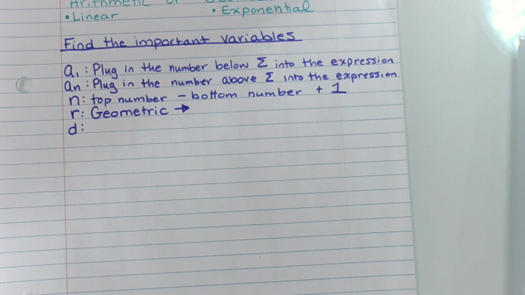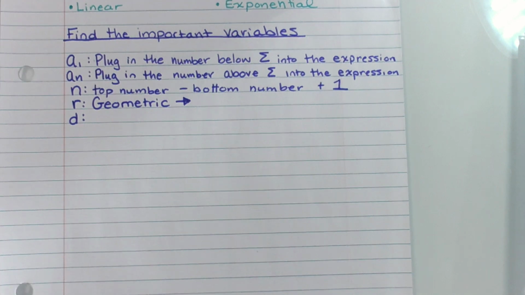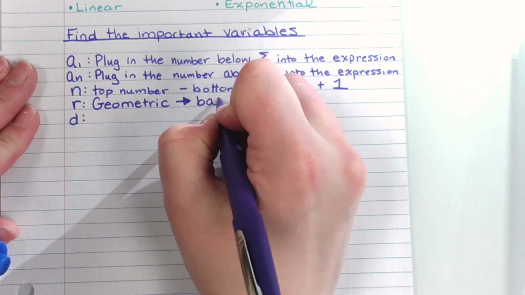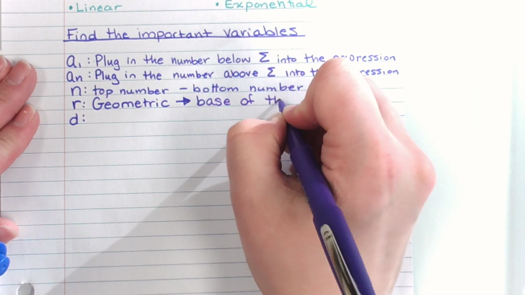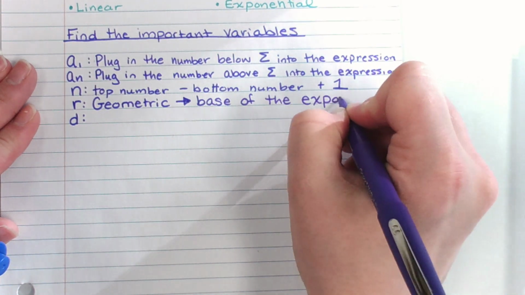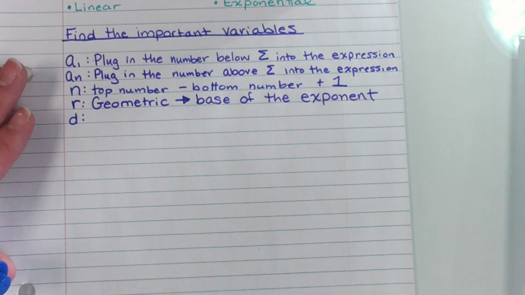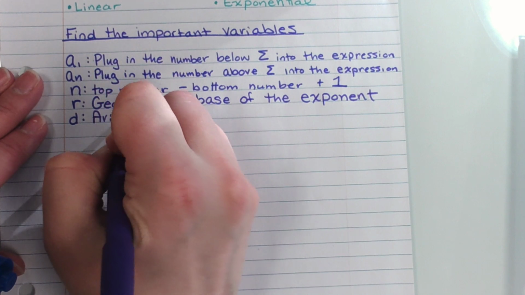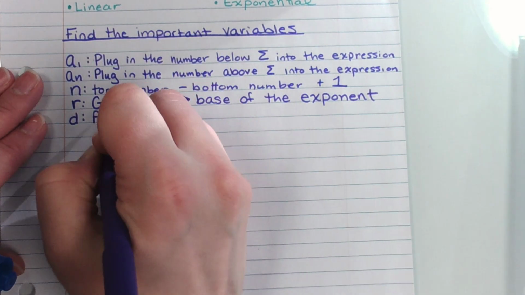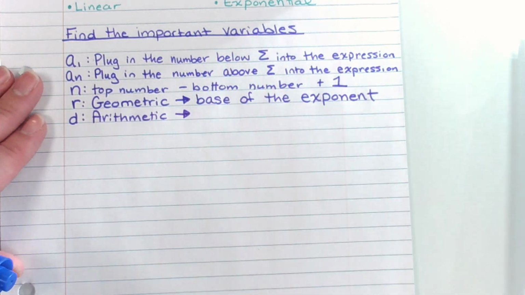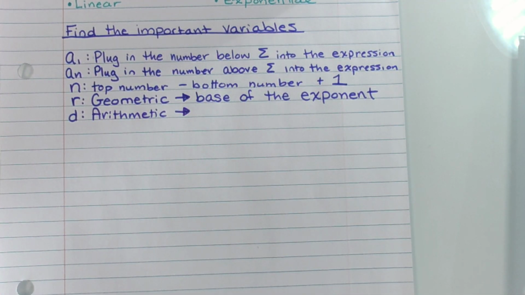R, in the geometric sequence formula, is the base of the exponent. D, which shows up for the arithmetic sequences, that constant or common difference is the slope of the expression. It's the coefficient of the variable.